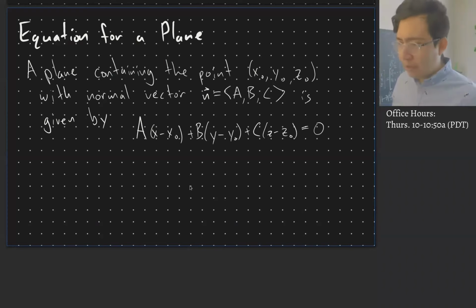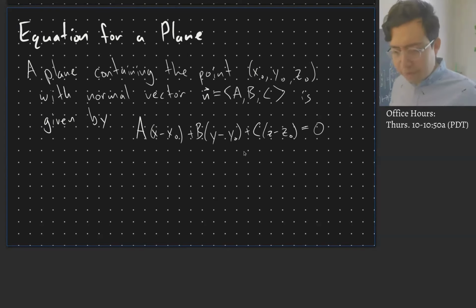I'm going to give you a second to write this down, and as you're writing, I'll explain conceptually why we need these two pieces of information. So here we have a point and the normal vector, and you get this equation for a plane. Let's think about why you need that information.